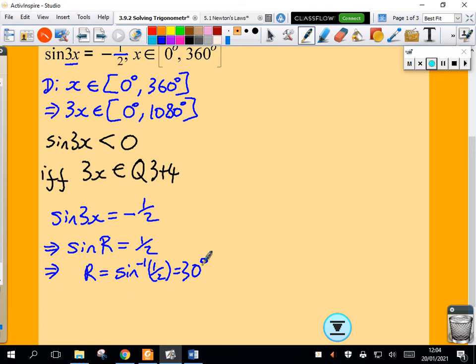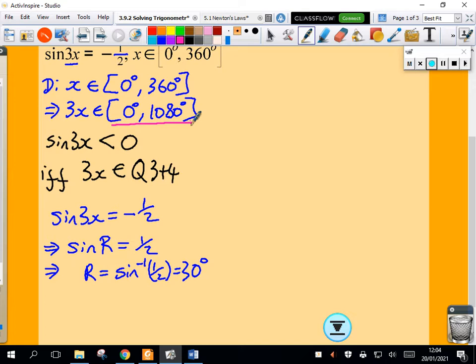The last part here is just to sketch it out and deduce. So what are we talking about? First of all, 3x goes from 0 to 1080. That's 3 full circles. So we're going to go around through 3 full circles and see what we get.